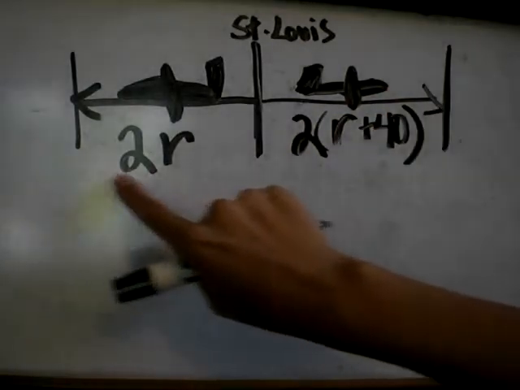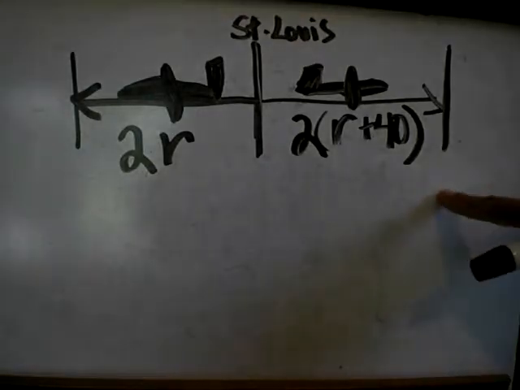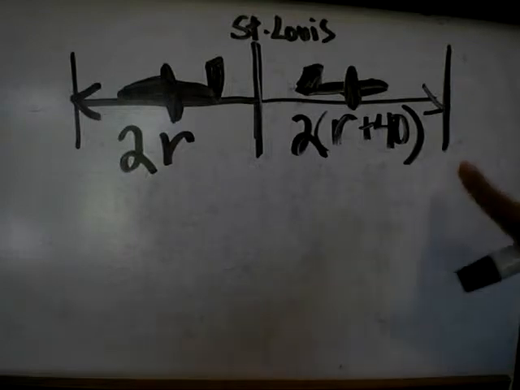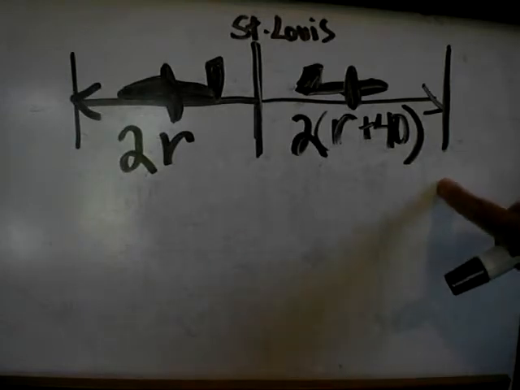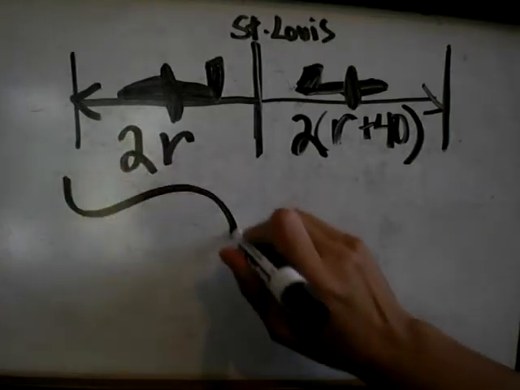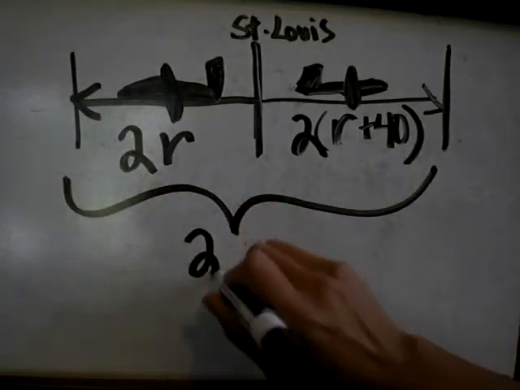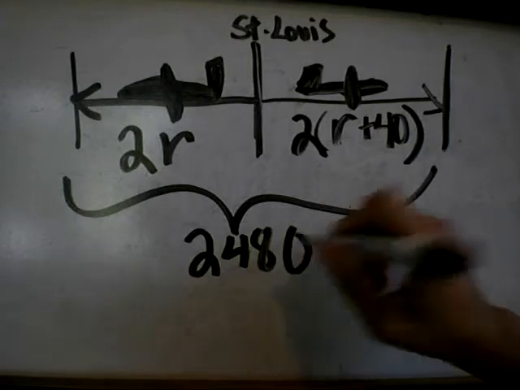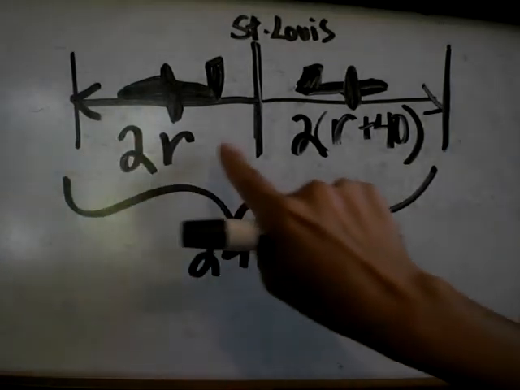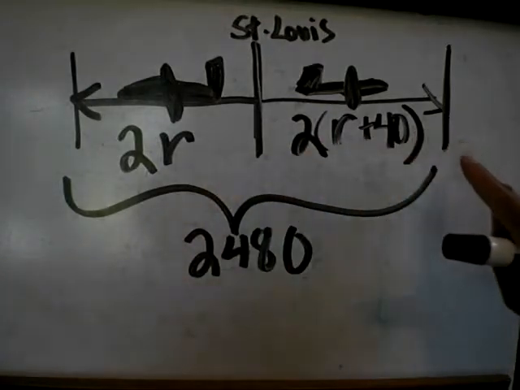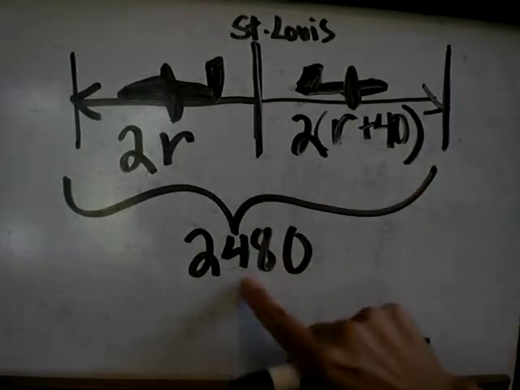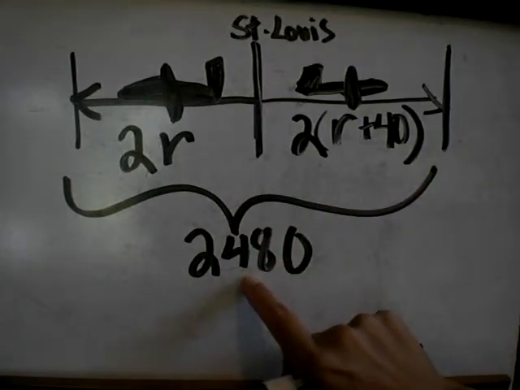We know that if we add this distance plus this distance, it says that at 10 a.m., from here to here, they were 2,480 kilometers apart. So we know that 2r plus 2 times r plus 40 will equal 2,480.